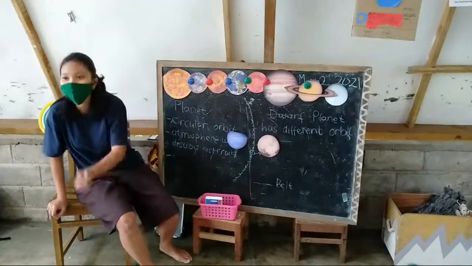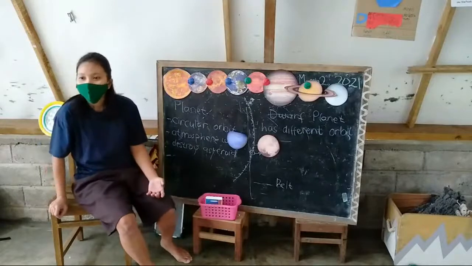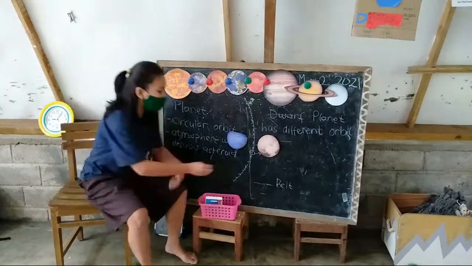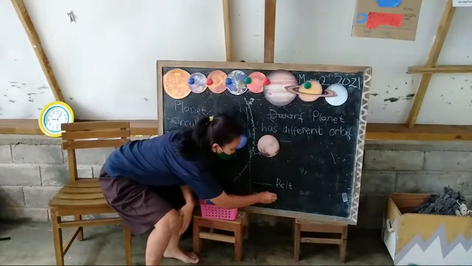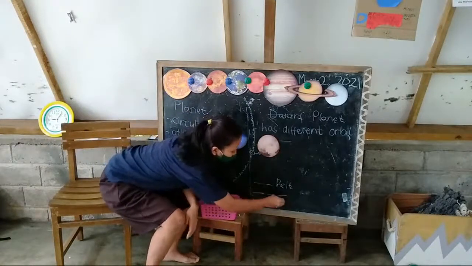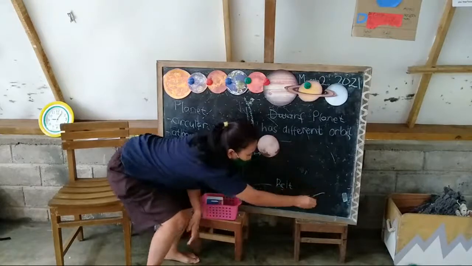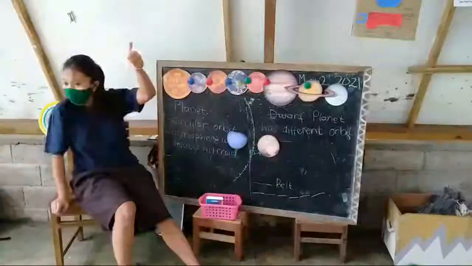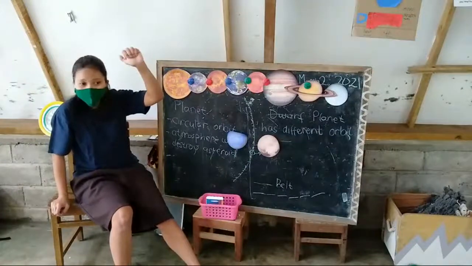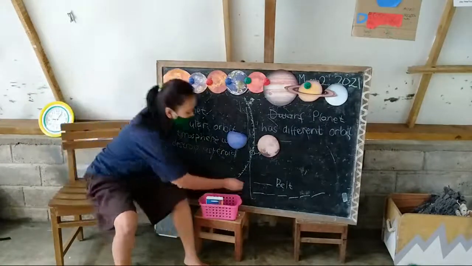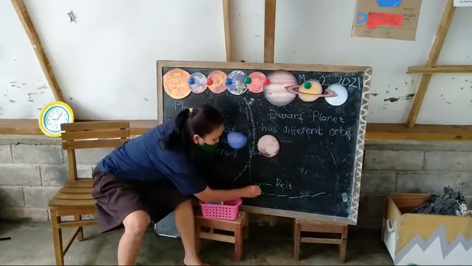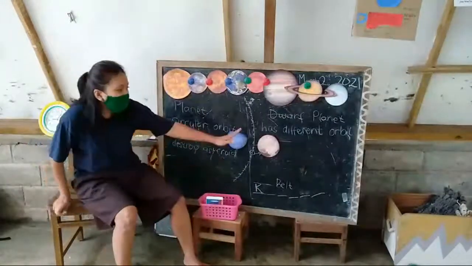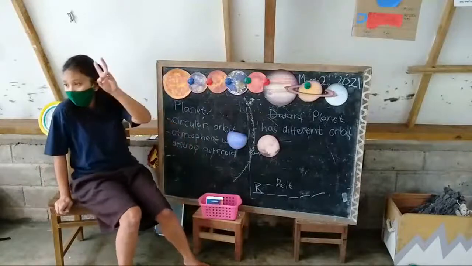Atmosphere? No. Space belt? No. It has 6 letters, and I will give you a clue. It starts with K. If you can answer this, then you can have 2 stickers.